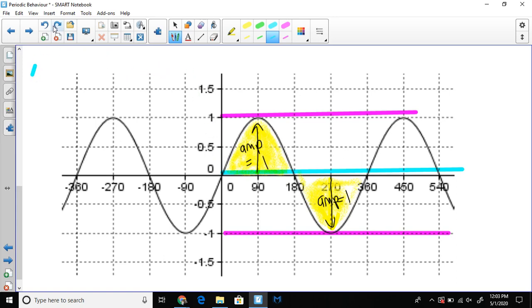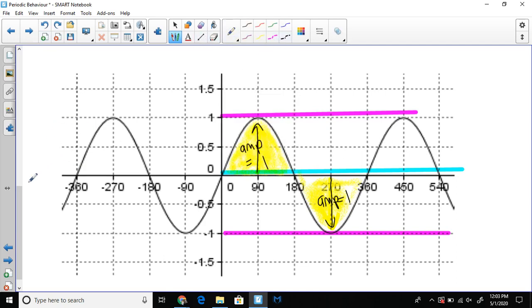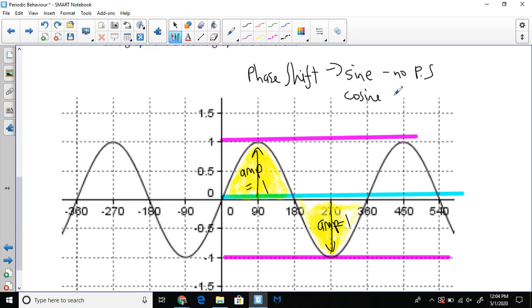And then in terms of a phase shift, this is kind of what I was saying before. If I'm looking at this using sine, there is no phase shift. But if I have cosine, there is a phase shift.